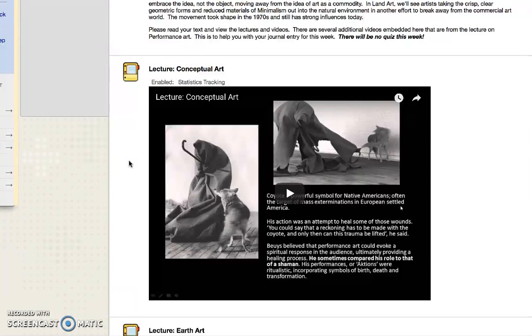So this period of the 1960s, we're a little bit in the 70s too, but we're primarily in the 60s this week.